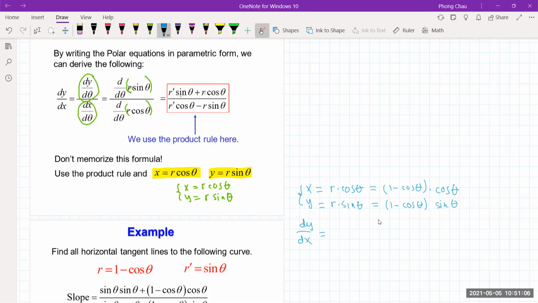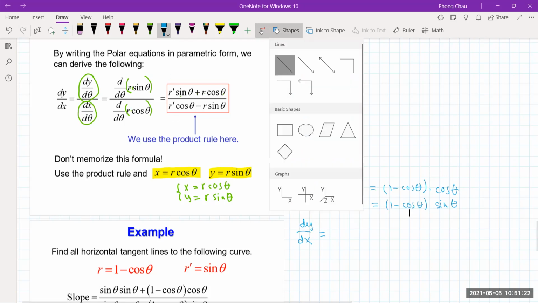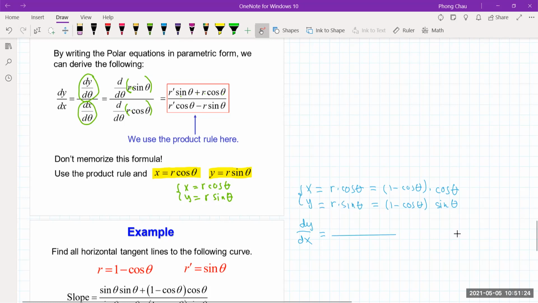Now, can I take a derivative from parametric equations? I take a derivative of the y, and then a derivative of the x. But be aware that we have a bit of a tedious derivative here, because taking a derivative of the y involves a product. So you have to take the derivative of the first times the second plus the derivative of the second times the first, using the product rule.